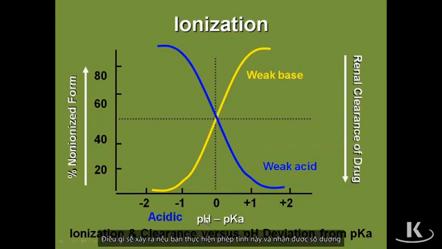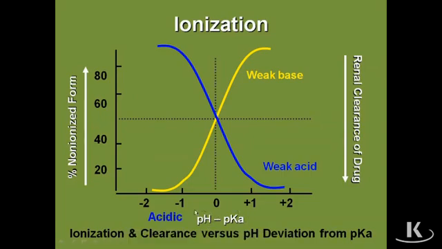What if you did this calculation and you got a positive number? Clearly that means that the pH is greater than the pKa, and we would define that as a basic environment. Okay? So essentially what we've done now is we've divided our graph into two parts, an acidic side on the left and a basic side on the right.